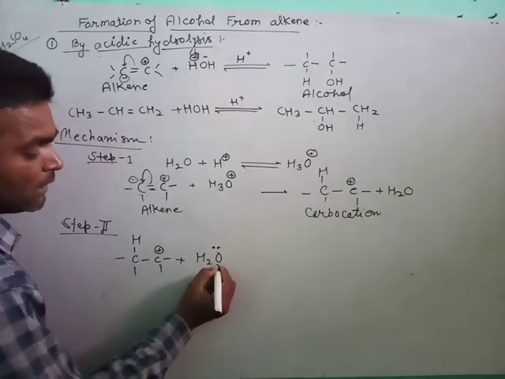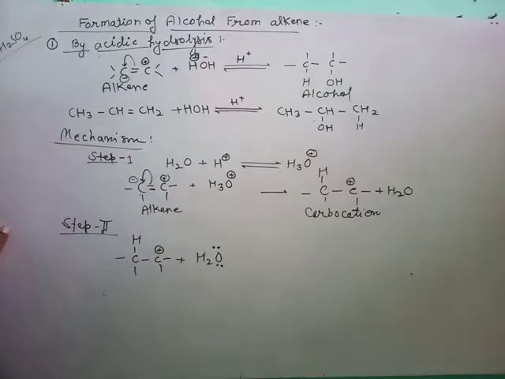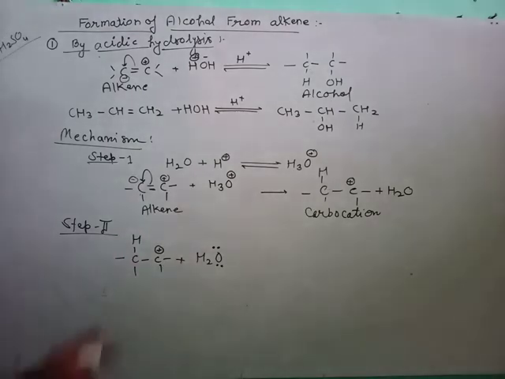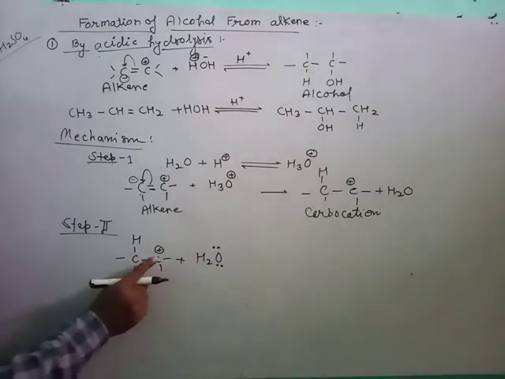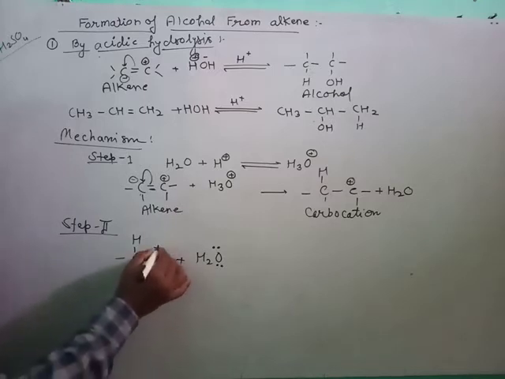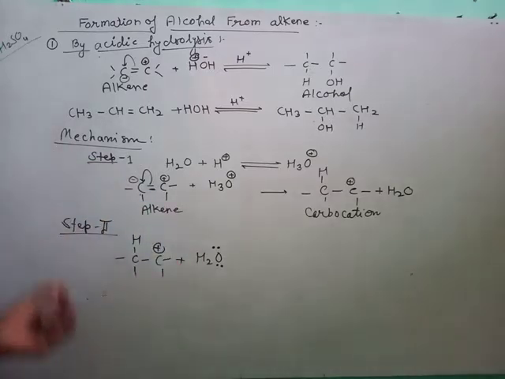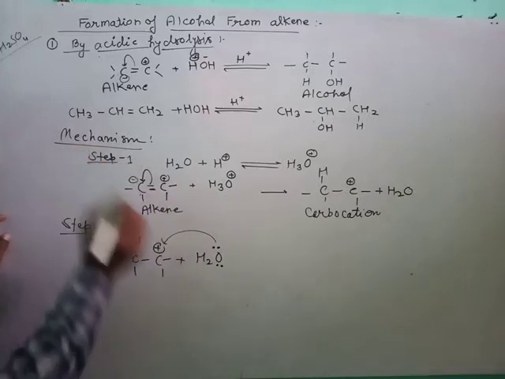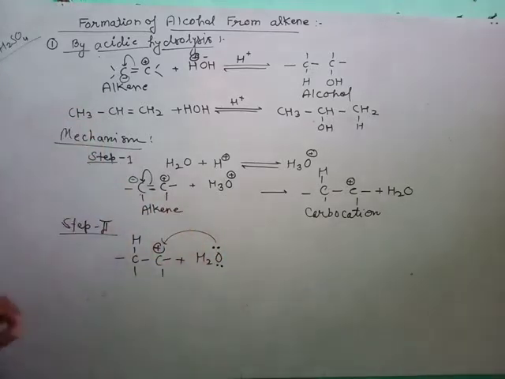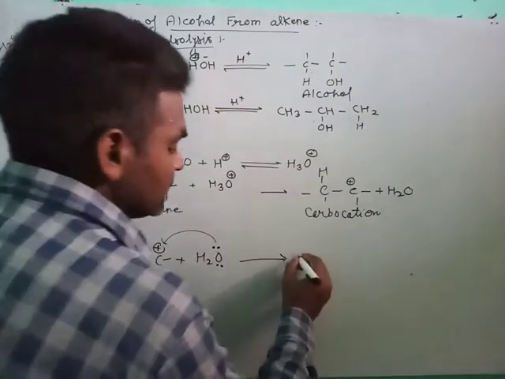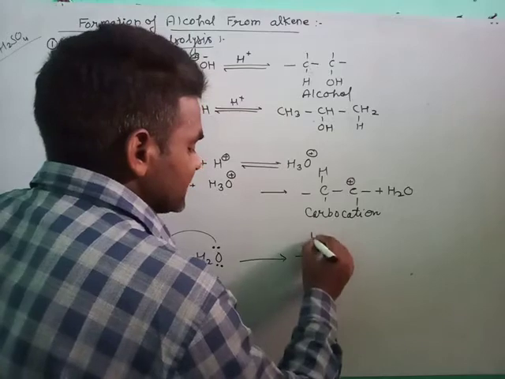We know that the oxygen atom has lone pairs, two lone pairs, and here carbon contains positive charge, meaning carbon is electron deficient. So oxygen donates electrons to carbon and forms a very reactive intermediate.